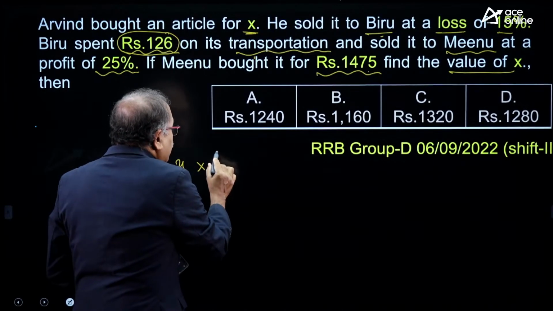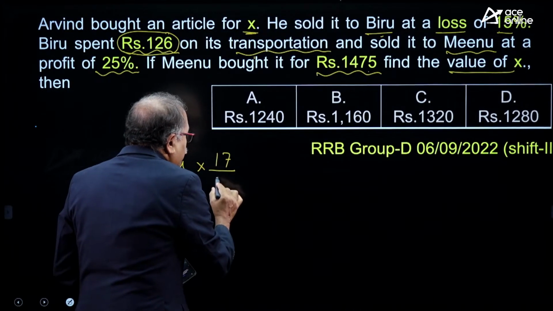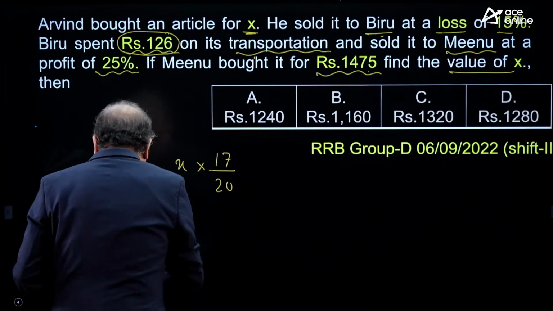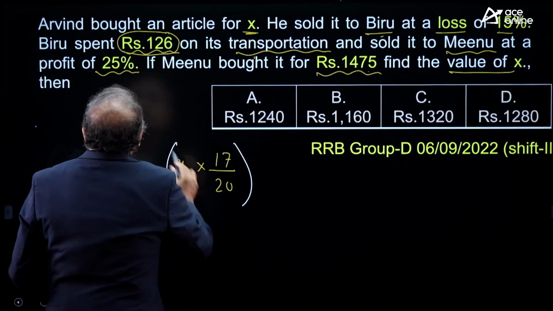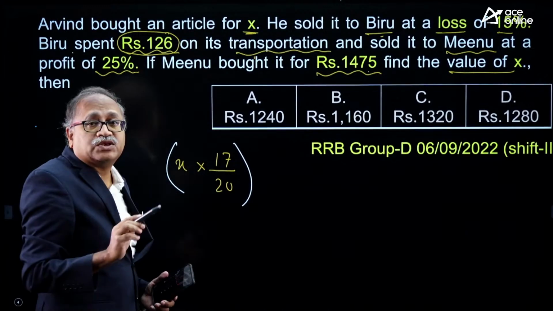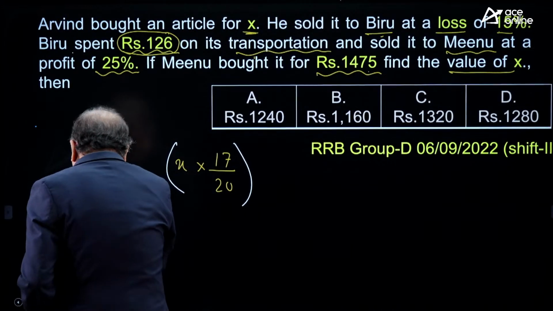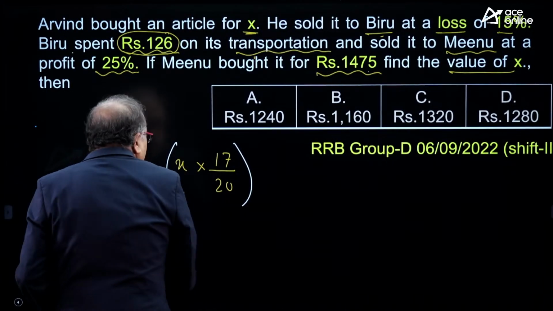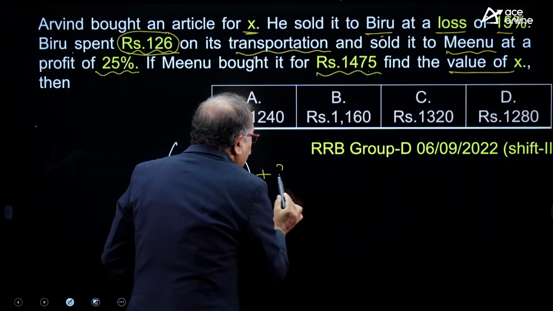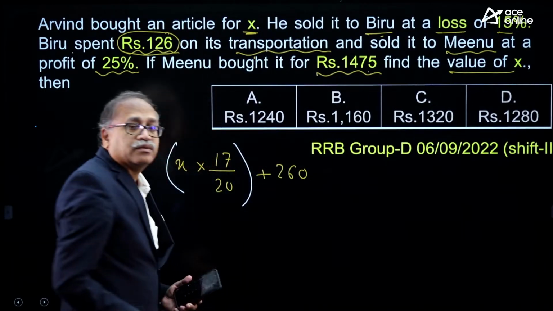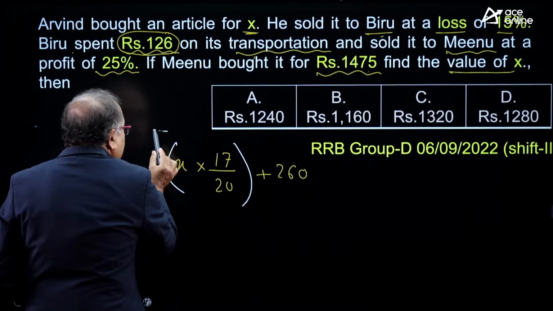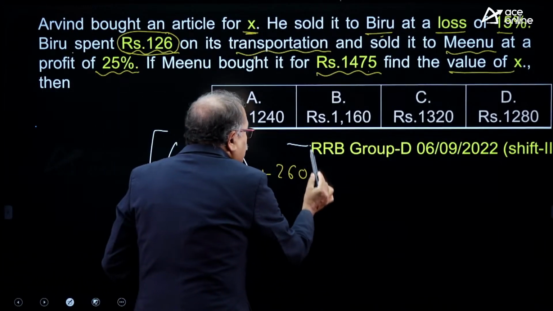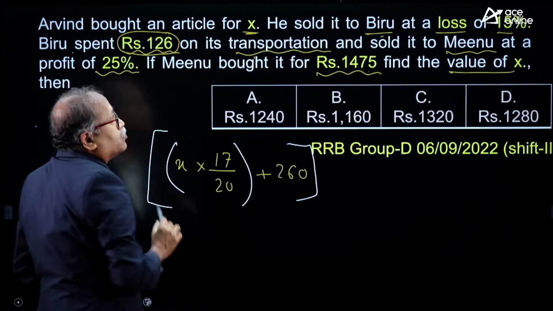So I will be writing here 17 by 20. This is the price Biru purchased, and on that Biru spends how much? Rupees 260. And this is the cost price of Biru.